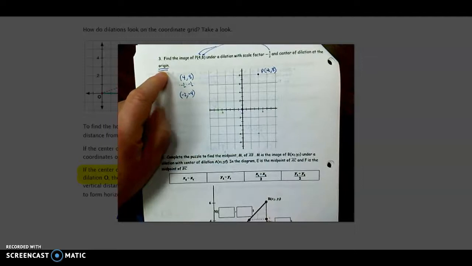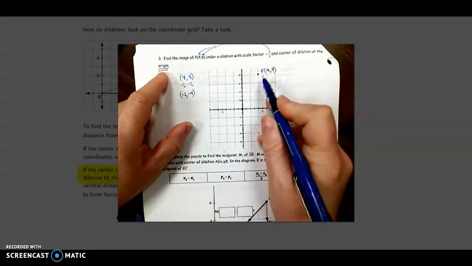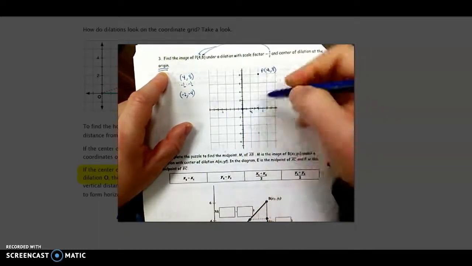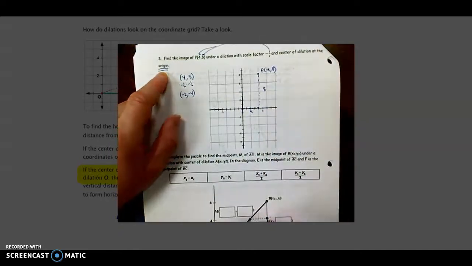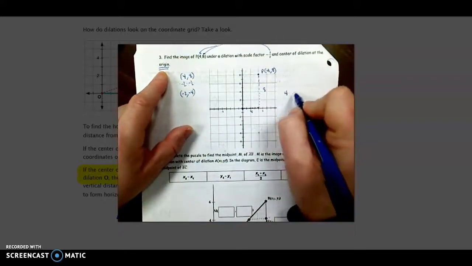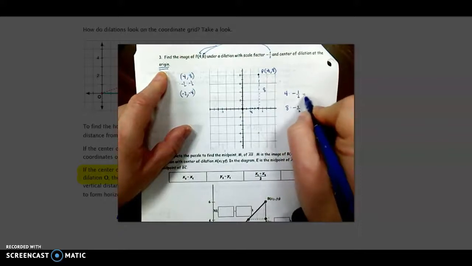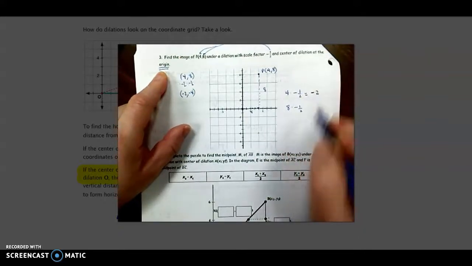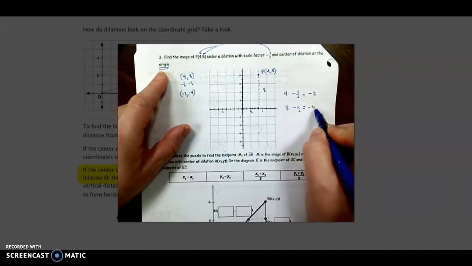But we can go through the same process we just did and go from my center of dilation to my image point, which is 4 units horizontally to the right and 8 units vertically up. And so when I multiply those times -1/2, I find that my new horizontal distance is -4/2, which is -2, and my vertical distance is -8/2, which is -4.